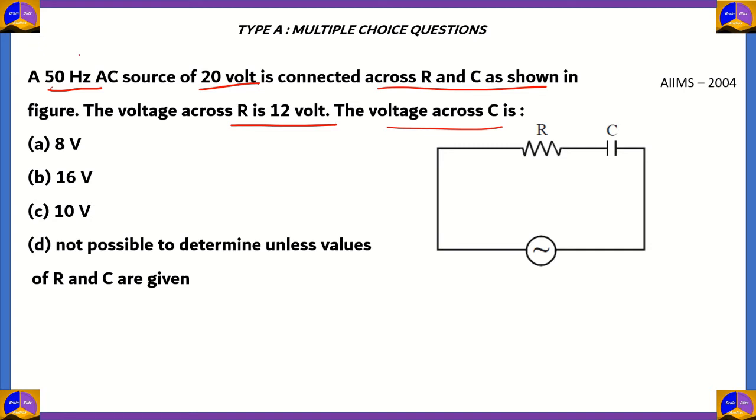So the frequency nu is 50 Hz and the total voltage V net is equal to 20 volts. Across this resistance R, we have 12 volts, and we need to find the voltage across C. So this is basically VC that we need to find out.